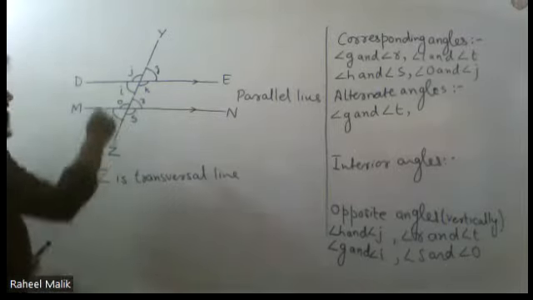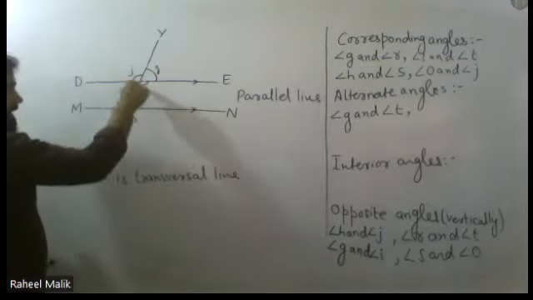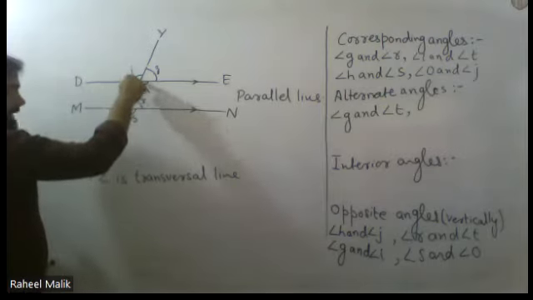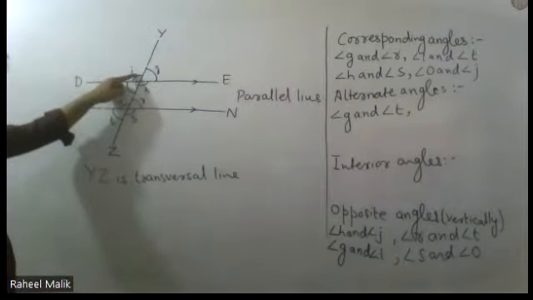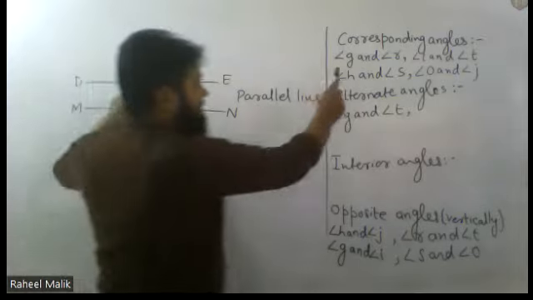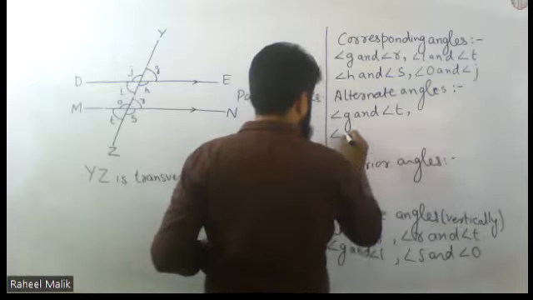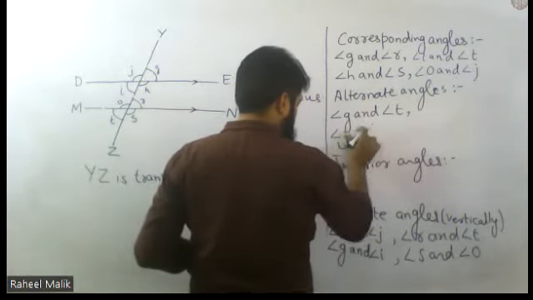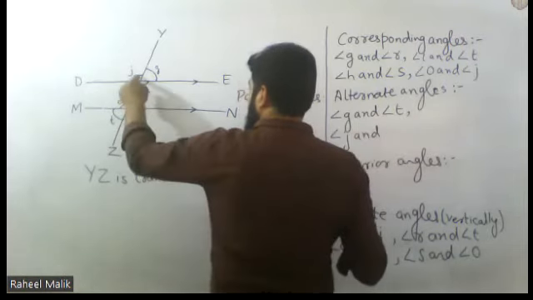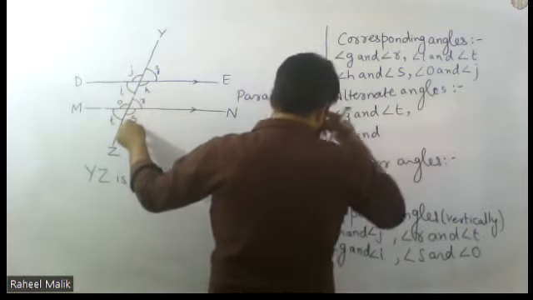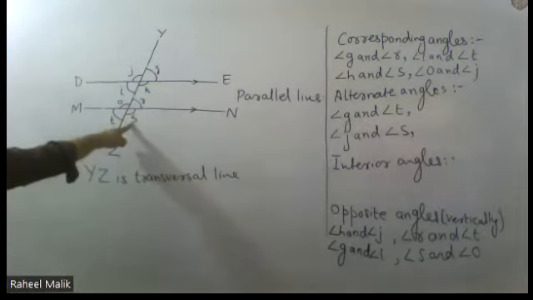In the same way, angle H and angle J are vertically opposite. But H is corresponding to S. So if I compare angle J not with H, but with S, they will be known as alternate angles.